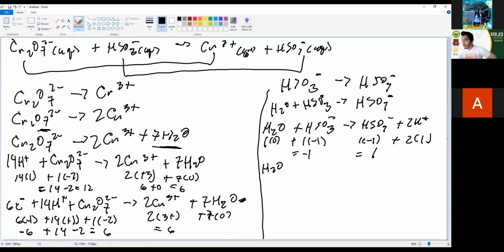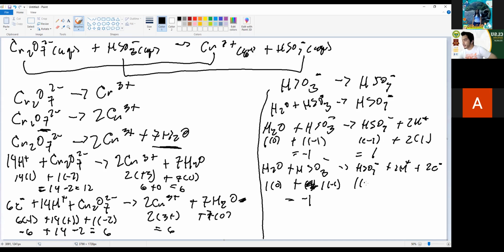So H2O plus HSO3 negative will yield HSO4 negative plus 2H+ plus 2 electrons. So compute uli natin. So 1 times 0 plus 1 times negative 1, equal to negative 1. So dito you have 1 times negative 1 plus 2 times positive 1 plus 2 times negative 1.